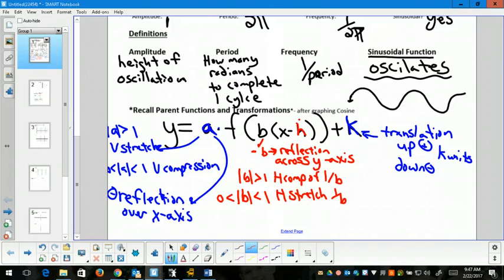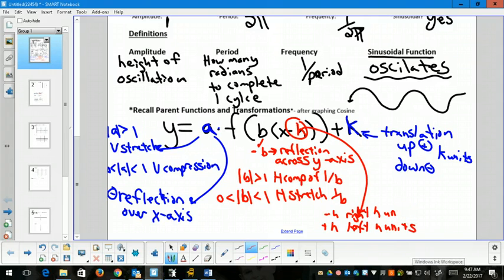As far as H is concerned, when I see that minus H, we know that's also counterintuitive. If there's a minus sign in front of it, then it goes right H units. And if there's a plus sign in front of it, then it goes left H units.